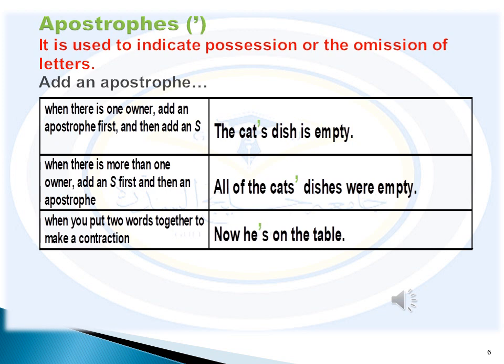So to indicate that there is a possession relationship or omission, we add an apostrophe. When there is one owner, add an apostrophe first and then add an S. You remember the S of possessive, the possessive S. When we use apostrophe and S, it's used for possession.